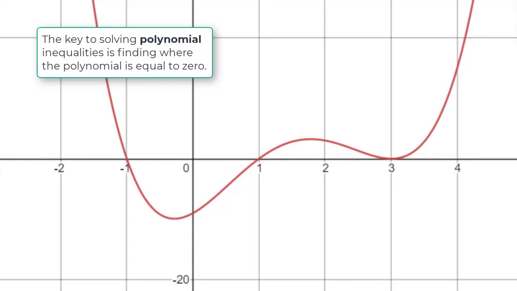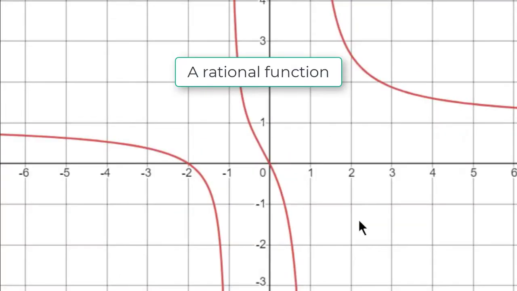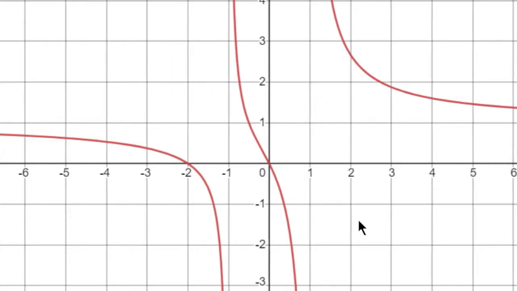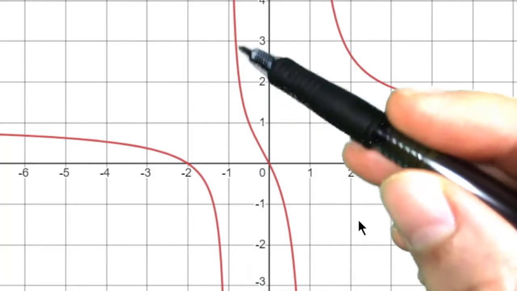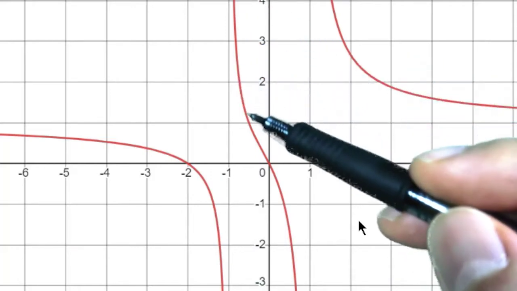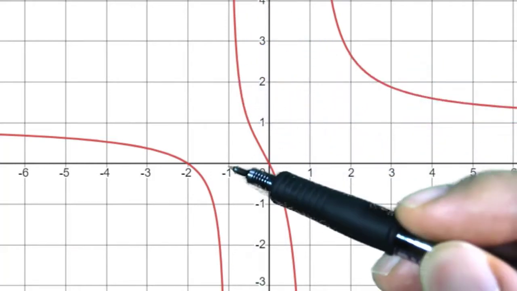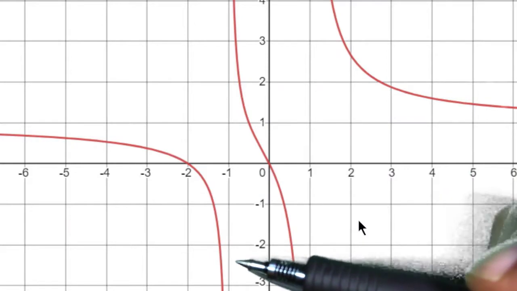Well, let's take a look at a rational function. Now you'll notice that they can look quite a bit different than polynomials. And one major way in which they are different is that rational functions are not continuous. So if a rational function changes from negative, here we see it's below the x-axis, to positive, here we see it's above the x-axis, it does not need to pass through 0.